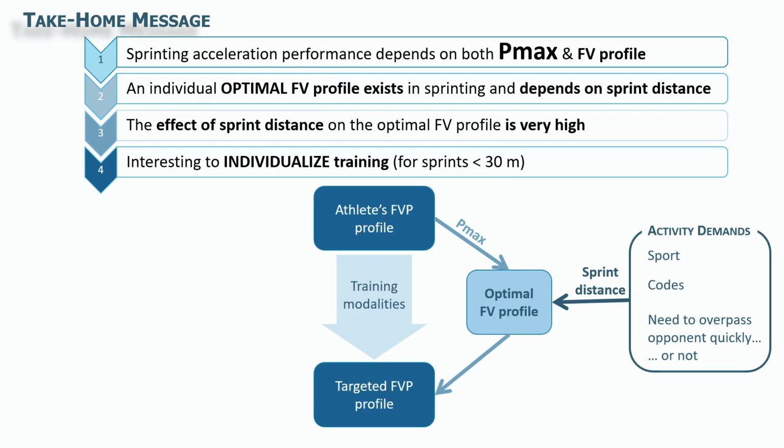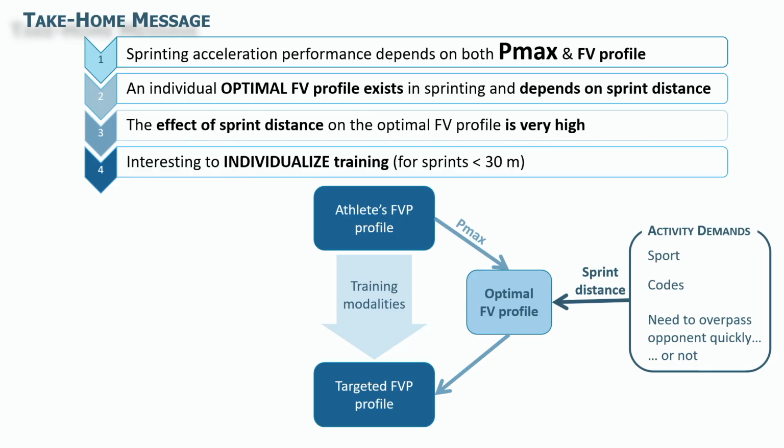But also, you can have a back player in rugby who runs 30 meters, but what is important is that he is at the first place after 5 meters or 10 meters. So maybe the target is not 30 meters, it's maybe a shorter distance, because you need to overtake your opponent before.